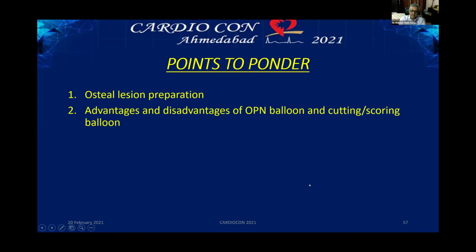Imaging comes into the picture only once you're able to get your catheter across the lesion. So you may not be able to get the catheter across the lesion every time. Secondly, there are cases where the shaft is fractured. There are cases where the balloon is not deflated.